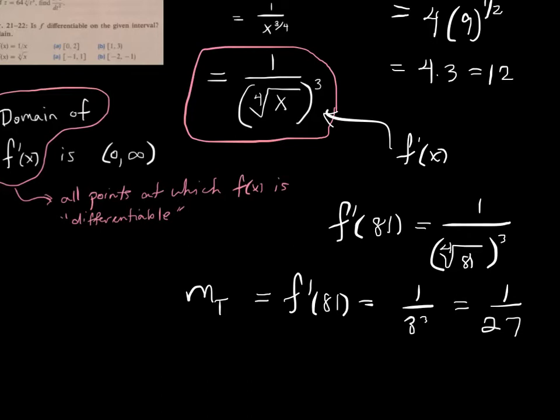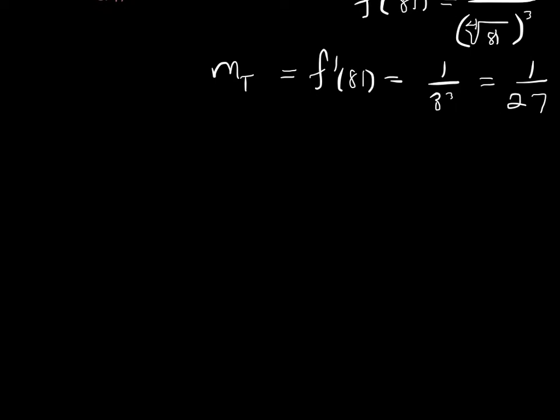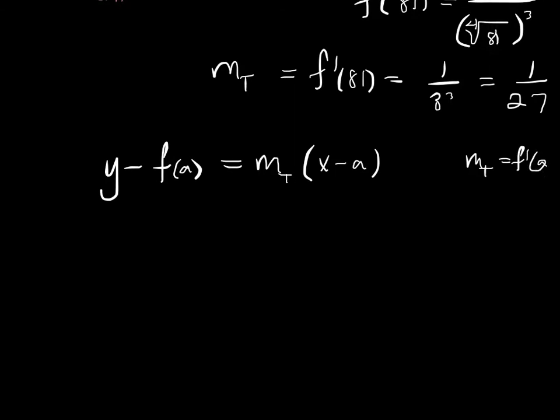All right, finally putting it all together. Point slope form is going to be y minus y1. I'm going to write it in the fancy calculus version. And of course m tangent is f prime of a.